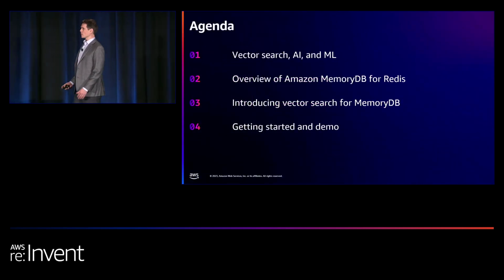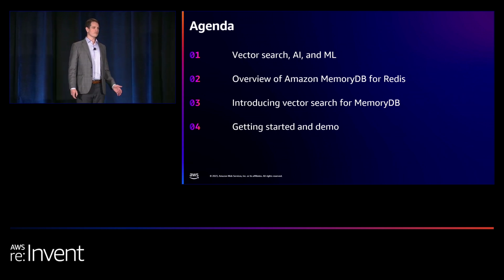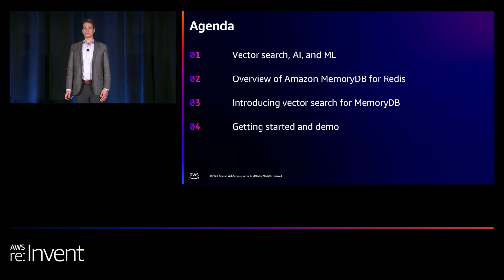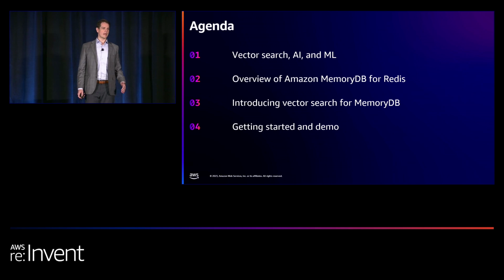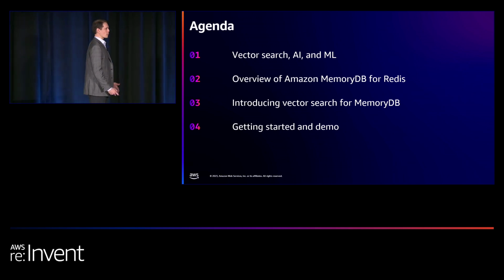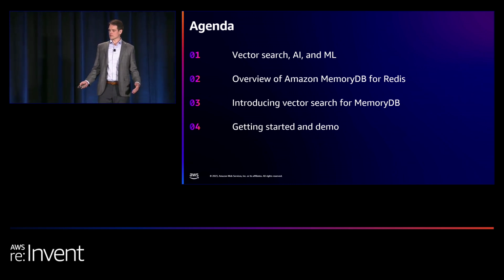So let's take a look at what we plan to go over with you today. First, I'll review vector embeddings and vector similarity search and their role in AI and ML-driven applications. I'll also talk about AWS's strategy for providing vector support across its database portfolio. I'll then go over MemoryDB for Redis. That's our in-memory database option at AWS.